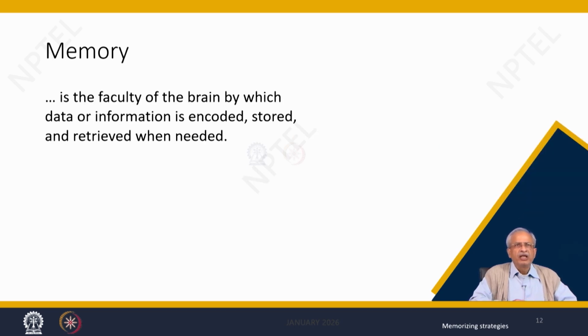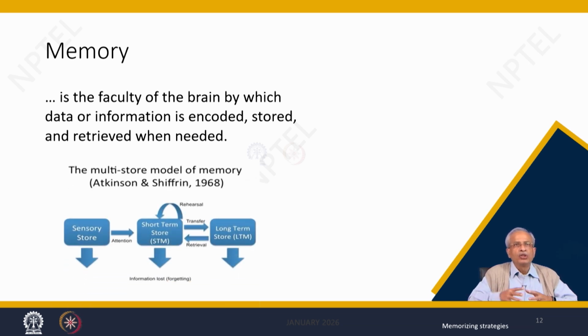Memory is also a thing, it's the faculty of the brain by which we understand, encode, store or retrieve data when it is needed. There is a model for memory, called the multi-store model of memory, in which after we accept energy through sensation and perception, it goes to our short term store, and if we reinforce that store, that is if we rehearse it, it will be transferred into long term, and if it goes to the long term store we can easily retrieve it.